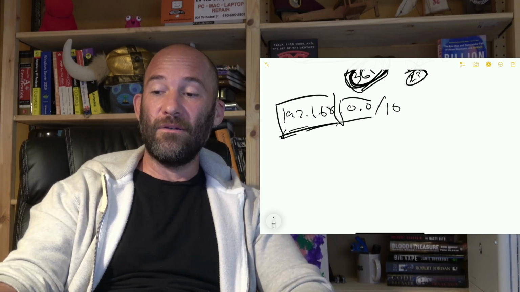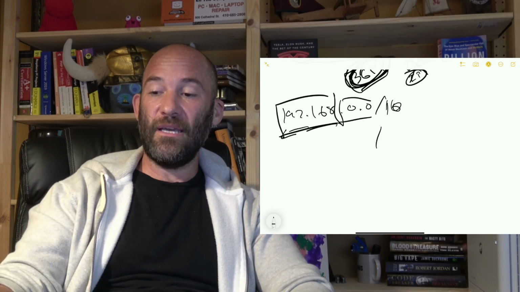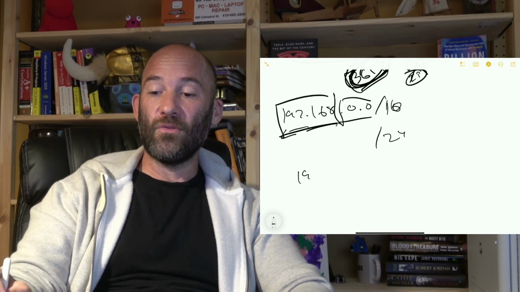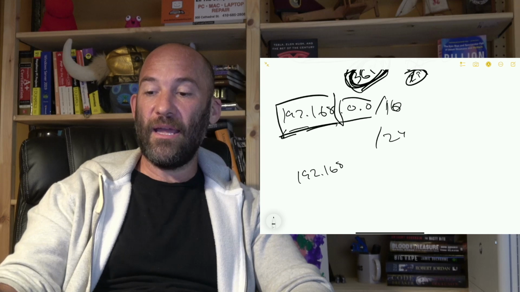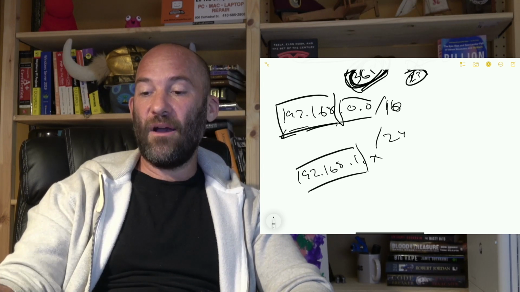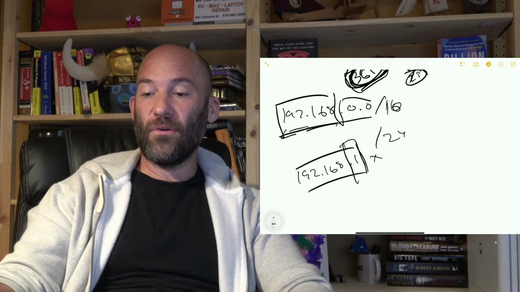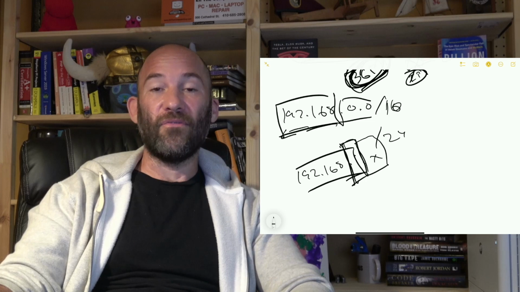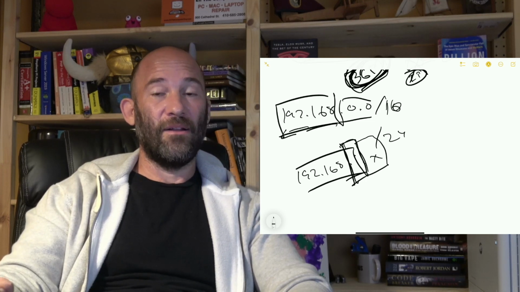So what I can do is, instead of using a /16, I can use a /24. When I do a /24, it goes 192.168.1.x. This now gives me the ability to create my networks out of that third octet and then use the fourth octet for the computer identifier.